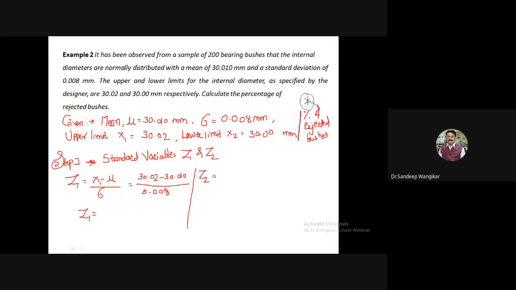Value of Z1 first: X1 minus mu divided by sigma. Value of Z1 you calculate and put the answer.